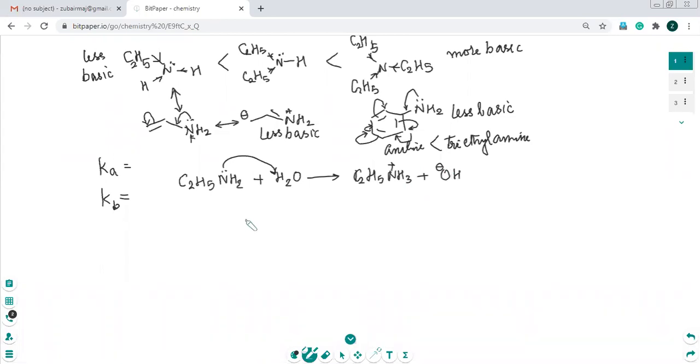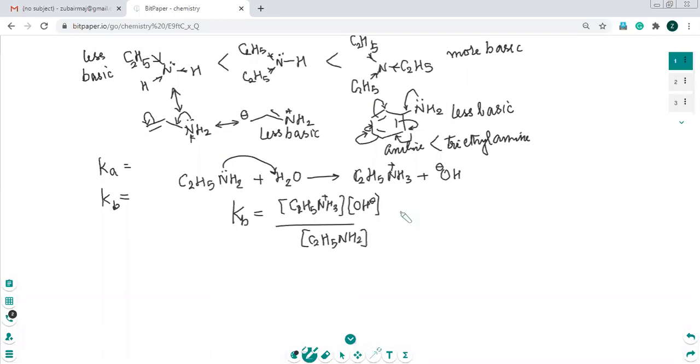Okay. So what is Kb? Kb equals the concentration of C2H5NH3 plus into the concentration of OH minus, divided by the concentration of undissociated C2H5NH2.